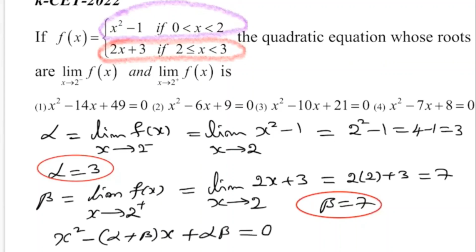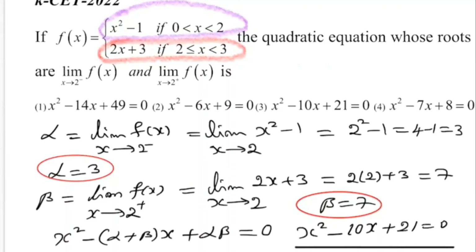This will be the required quadratic equation. Just substitute for alpha and beta. So we get x square minus 3 plus 7, 10 times x, plus 3 into 7, 21 equal to 0. So this is the required quadratic equation. So correct option is option 3.